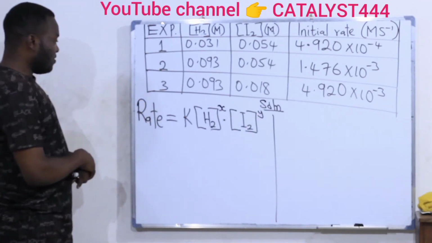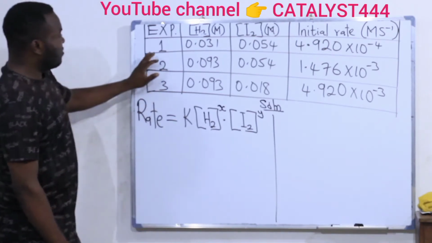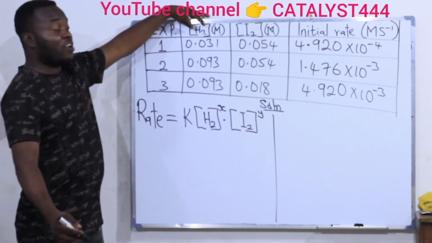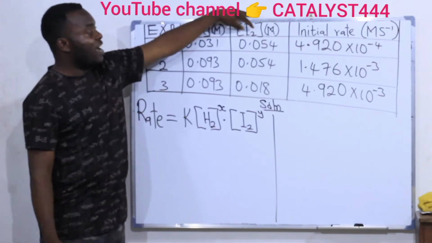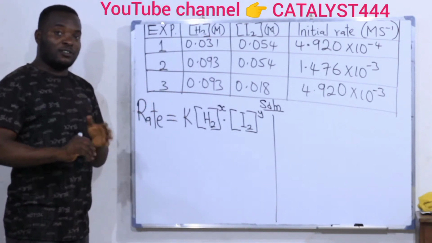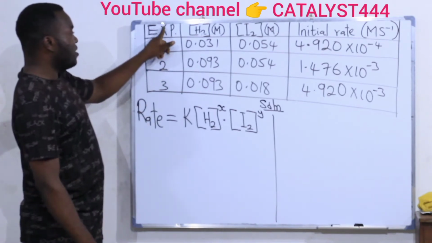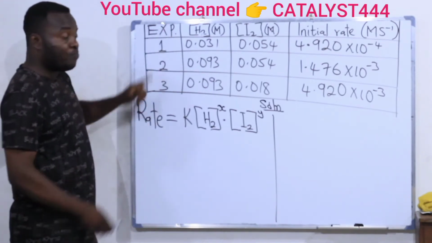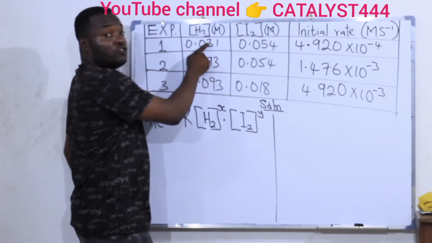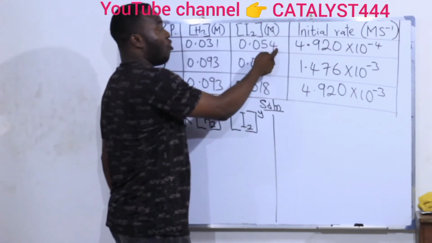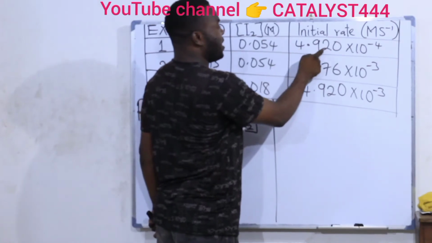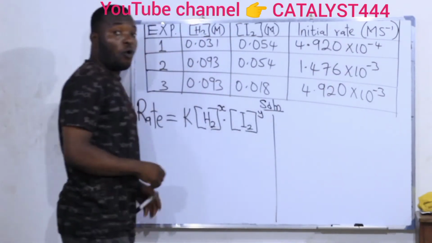Okay, now how do we start? This table shows that the reaction between hydrogen and iodine was carried out in 3 different experiments. In experiment 1, 0.031 molarity of hydrogen was mixed with 0.054 molarity of iodine, and the initial rate was found to be 4.920 times 10 to the minus 4.